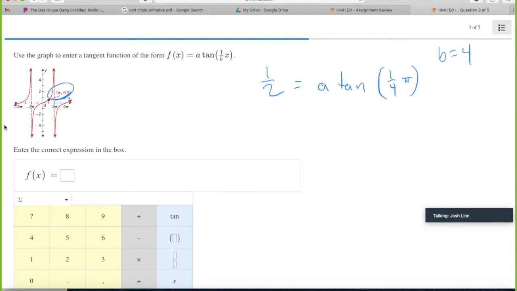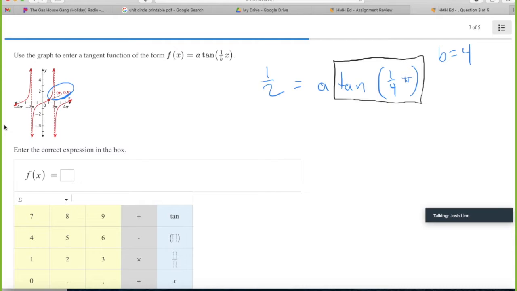So first, let's evaluate tangent of pi over 4, that's in radians. I'm going to look at my unit circle, and I already know that pi over 4 is our 45-degree angle. So that means that our tangent is going to be 1.